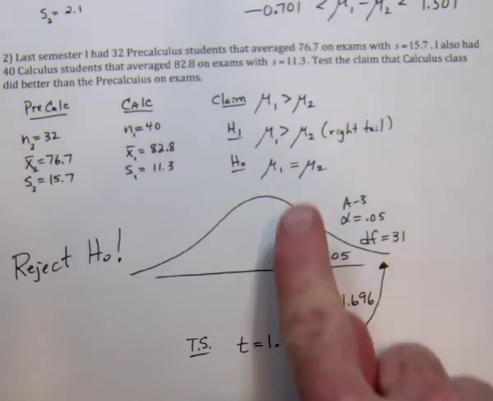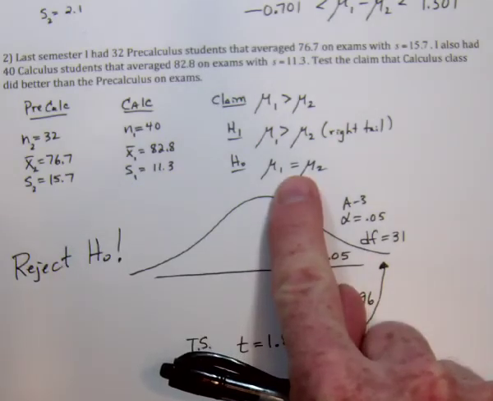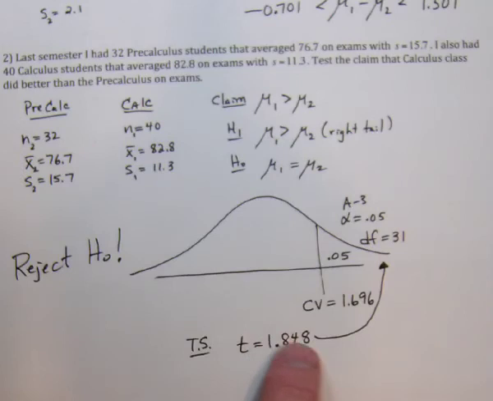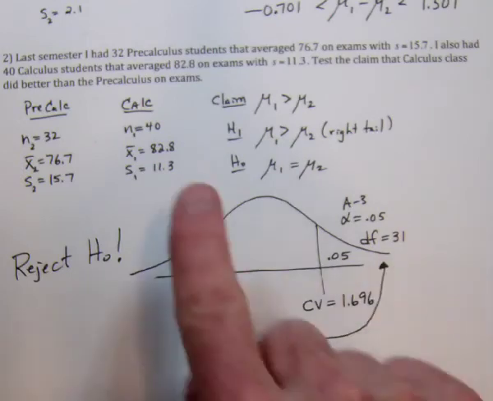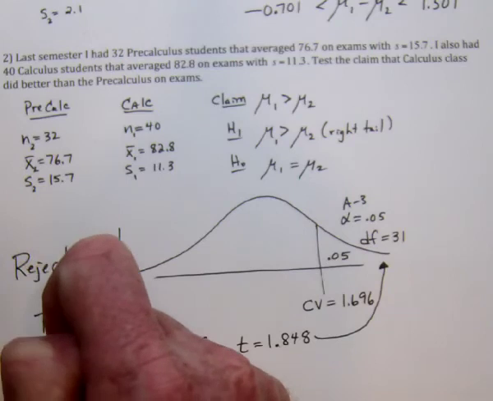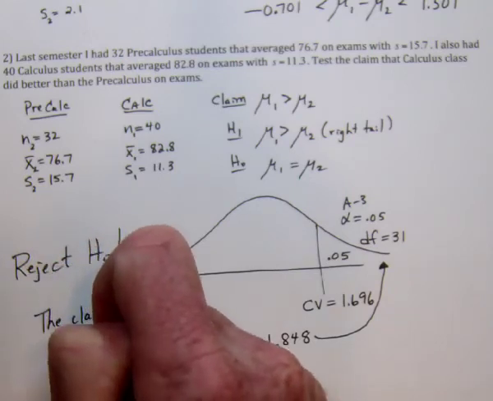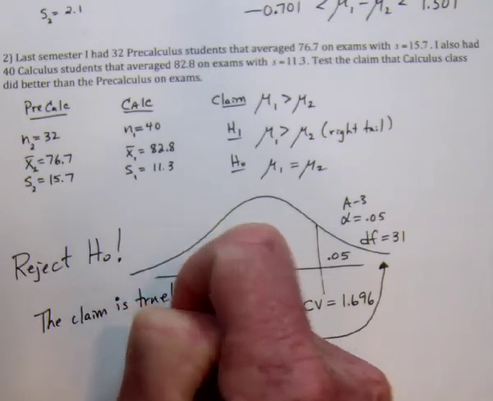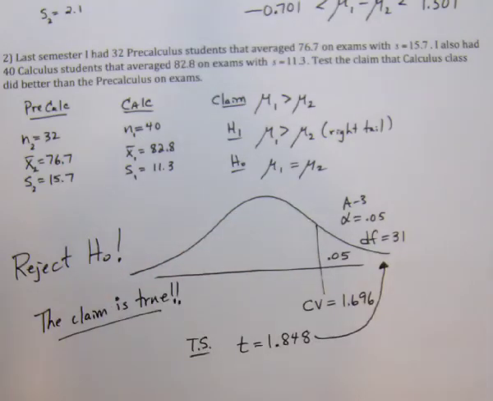Which really means we're rejecting this equal symbol right here. The two classes are not equal. Then, is the claim true? Is this class better? Well, since this landed to the right, that means that they have a bigger average. So the claim is true. That calculus class was better than the pre-calculus class.